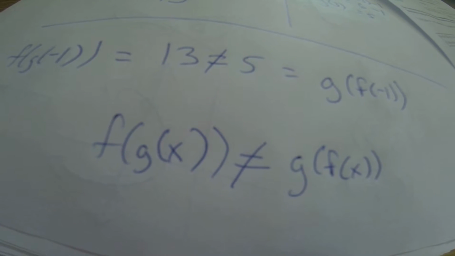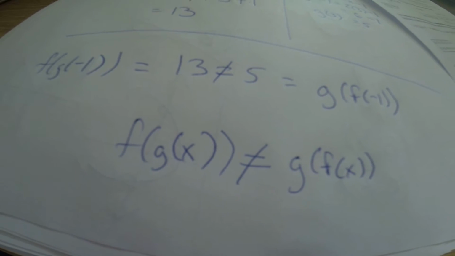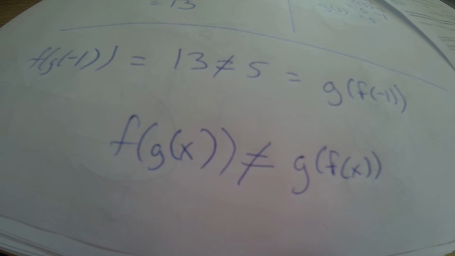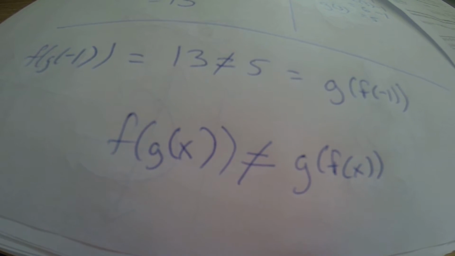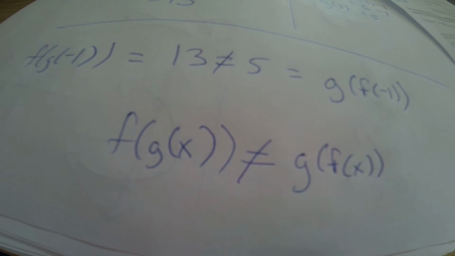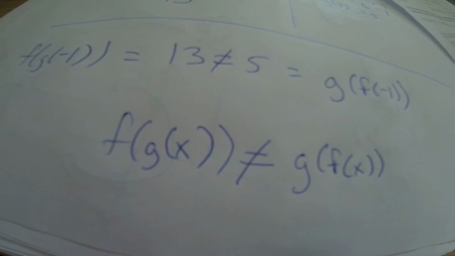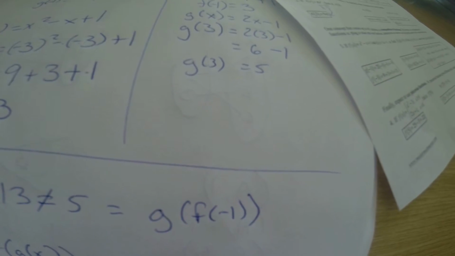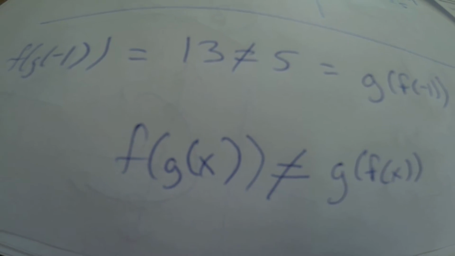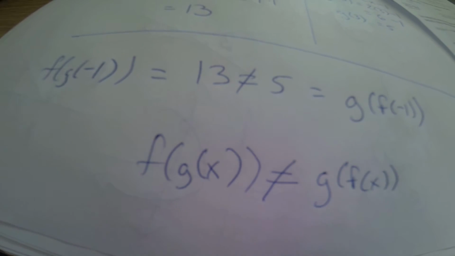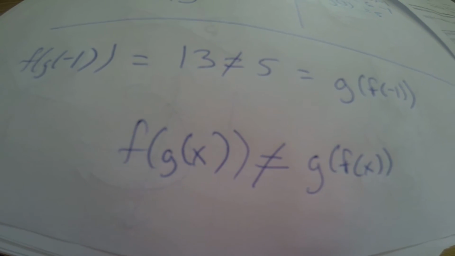Not really proof by contradiction, I'm sorry, this is basically something that's very useful in math, which is that if you can find a case that a statement doesn't work, then the statement is not true. So the fact that I showed that 13 doesn't equal 5 deduces that f of g of x does not equal g of f of x. That's a valid proof to say that these functions are not always equal.